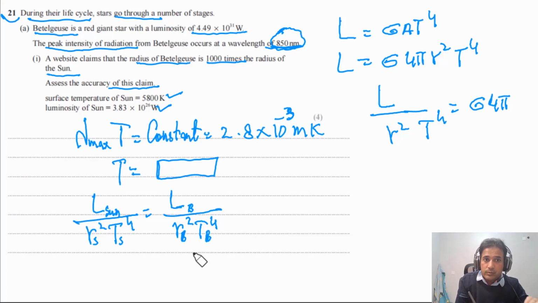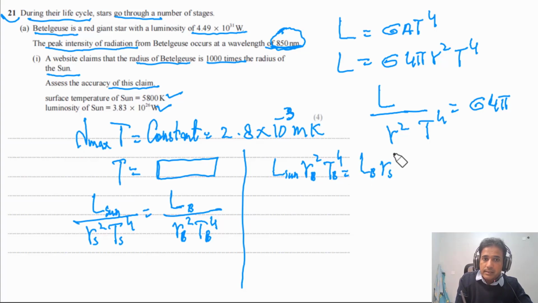I'll be using letter S for the Sun and B for Betelgeuse. So we need to find out the ratio between RB and RS. So we can write from here that the luminosity of the Sun times RB squared times TB to the power of 4 has to be equal to LB times RS squared times TS to the power of 4.